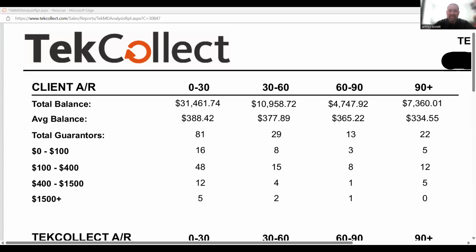So it may take multiple ways to contact those patients, in the form of a written statement going out to them by snail mail, also text messaging, also emailing, and possibly making phone calls. So all of the above in that communication, the more consistent you can be with that, the less you'll oftentimes have in outstanding AR balances, because that consistent communication is that key critical element of maintaining a healthy AR.